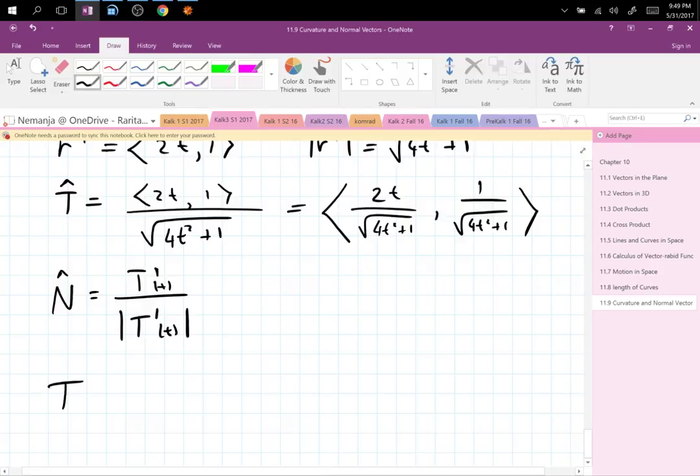So T prime is going to be something, very good. You can use either the quotient rule or the product rule with the chain rule, whatever makes you happy. What? Nothing makes you happy?